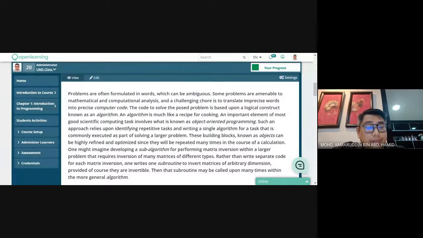Okay, purposely. So it can be ambiguous. It can be directed or it can be structured.